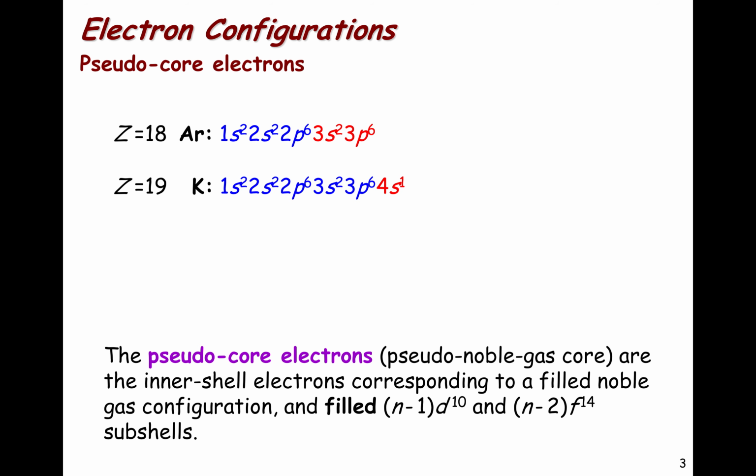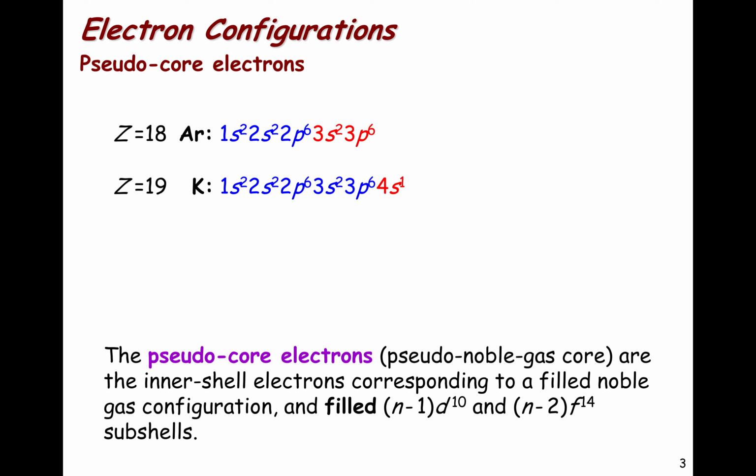For potassium, which has 1 more electron than argon, you can notice that shown here in blue, the inner shells are completely filled and happen to have exactly the same electron configuration as argon. The valence shell, or outermost shell, shown in red for potassium, has one electron, and it is located in the 4s subshell.